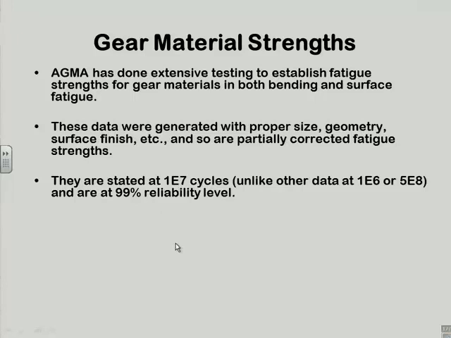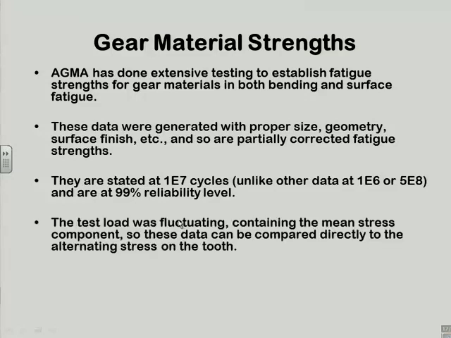And also, they're stating them at 99% reliability, whereas our tensile test data for ultimate tensile strength is quite often at 50% reliability. In other words, you're as likely to get a piece from the steel store that's weaker than the stated number as stronger, which is why we then have to bring in the reliability factor if we want to be conservative and pull that down based on whatever reliability we feel comfortable with, 90%, 99%, you name it, right?